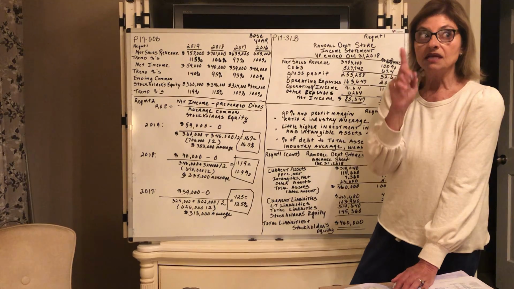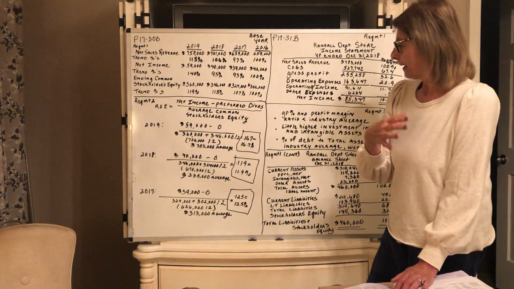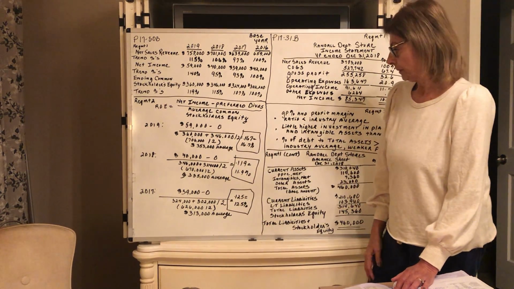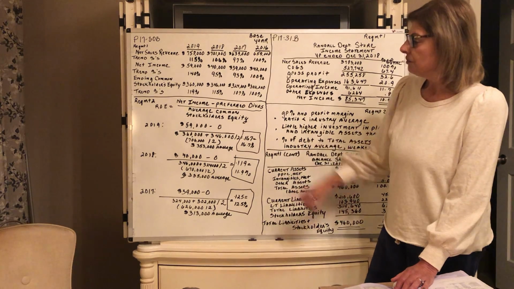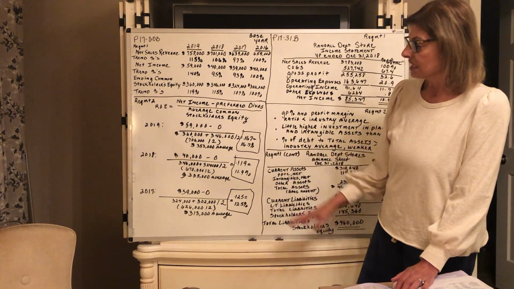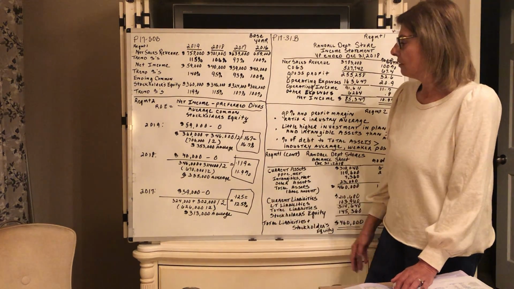They want 1 decimal place here for the ratios, as usual, okay? So 1 decimal place when you're doing the ratios. So 16.7 for 2019 turns out to be the best of the 3 years. I probably should have started with the earlier year first, but this is the way I wrote it.